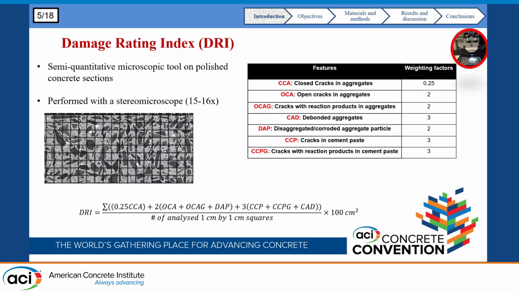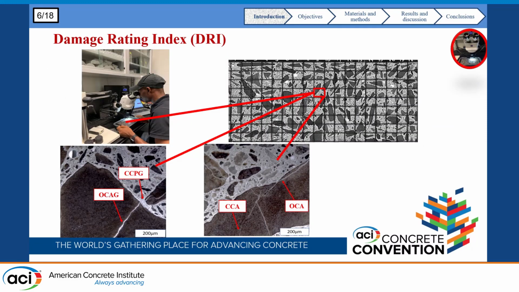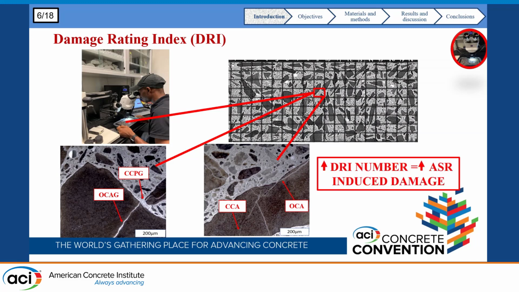Now, a DRI number is obtained by taking the sum of all these weighted petrographic features and normalized to 100 centimeters squared. Typically, an increase in the DRI number results in an increase in the ASR-induced deterioration.